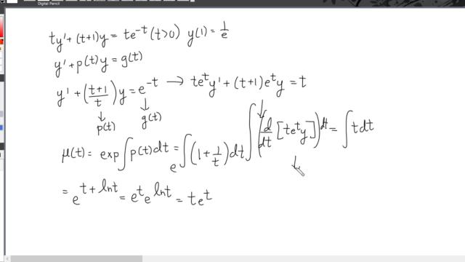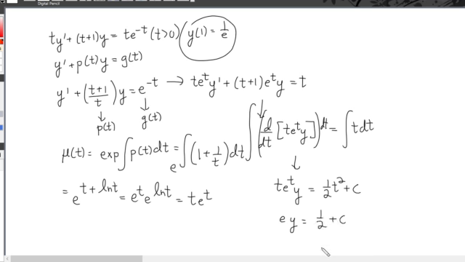And if we do this, we get t times e to the power of t times y is equal to 1/2 t squared plus c. Now we're bringing back c, because now we can use this to solve for it. If we plug in 1 for t, this is just e y is equal to 1/2 plus c.